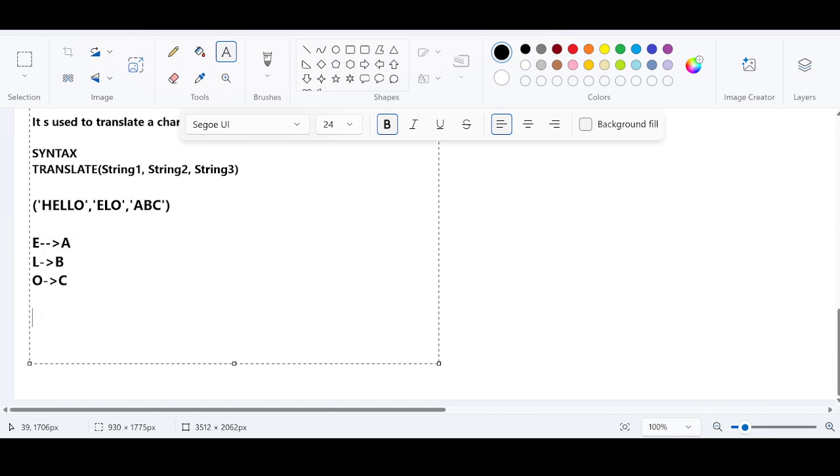So the output becomes, when you say hello, this mapping will occur. E will be replaced by A. L will be replaced by B, and O will be replaced by C.